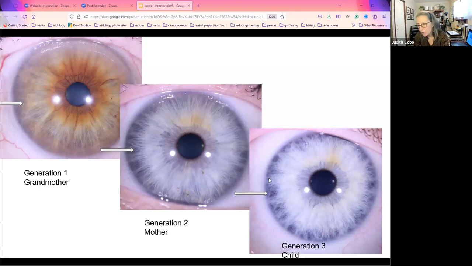Then we come down to the child, so third generation, and look at how many transversals this child has in almost the exact same places that the grandmother had. We know that the genetics are passed down for 3 to 4 generations. We know that there will be some variation in things.